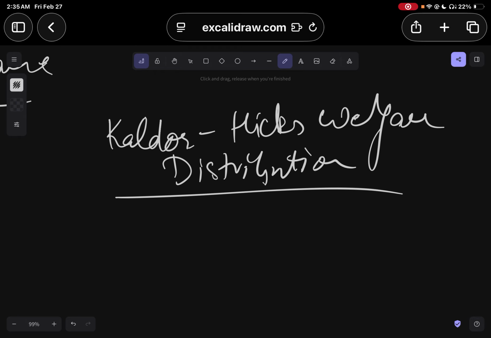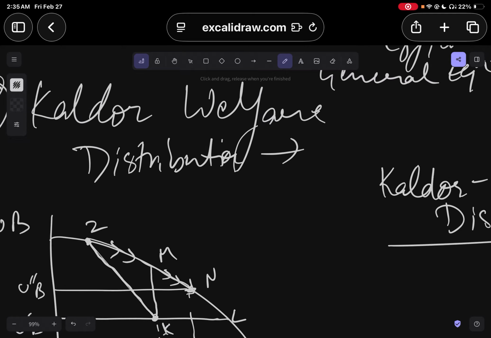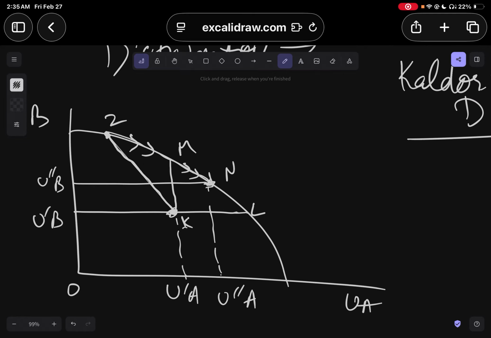Pareto's criteria was criticized for restricting the range of policies available to policymakers. Pareto's policy choice remained restricted within K, L, and M. However, according to Kaldor, policy design can be wider.